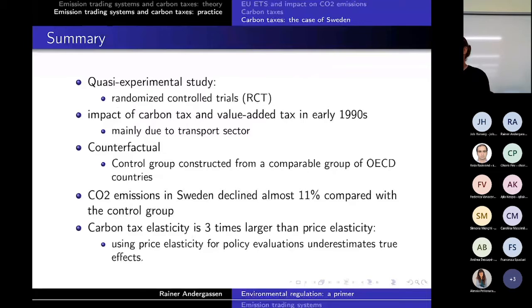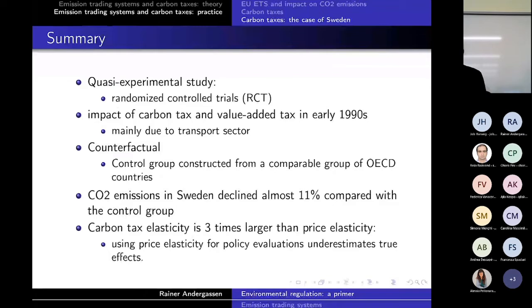So that's why you have to construct a counterfactual, and what the author does is construct it from a comparable group of OECD countries. Again, this group is constructed in such a way as to minimize the distance over a certain period, similar to what we have seen last week.